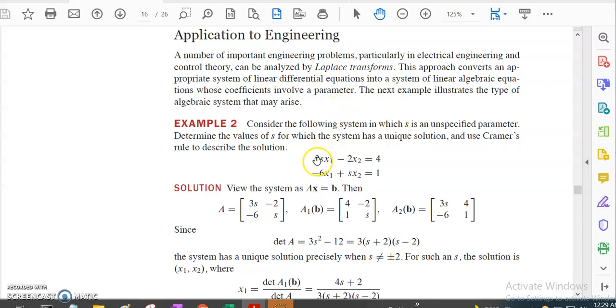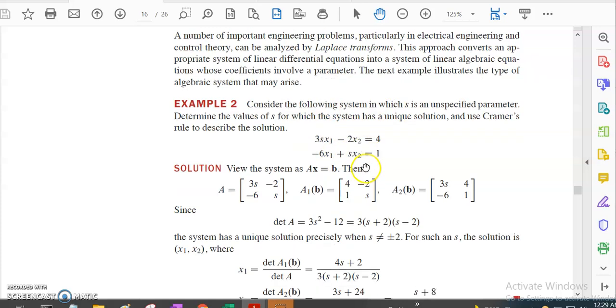So sometimes we have a system that actually has parameters. It's worth looking at a system like this, where it is not a system of constants, but parameters, and we would try to figure out what the parameter would be to have a unique solution. So it is related to Laplace transform. You can read this example.